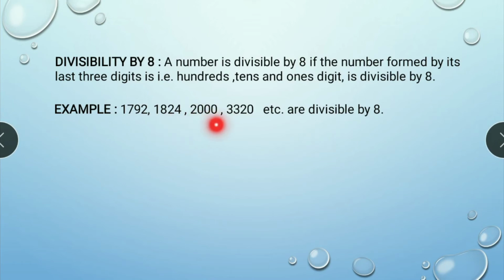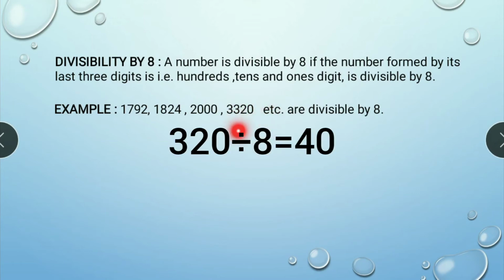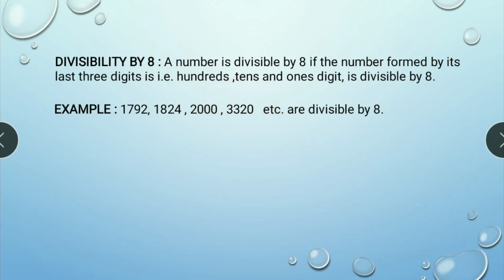Similarly, here we can see 3 zeros which are there at hundreds, tens and ones place. So these are also divisible by 8. Hence 2000 is also divisible by 8. Similarly, 320 is divisible by 8. So 3320 is also divisible by 8.